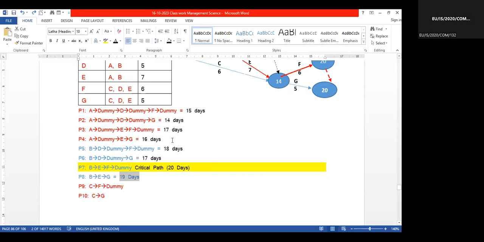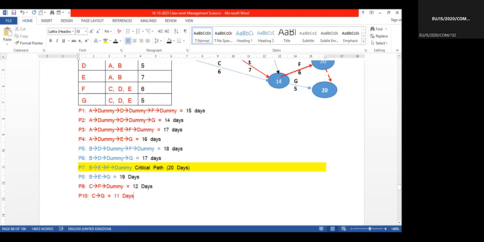Path 9, 12 days. Okay, right. So path 10, 11 days. Right.